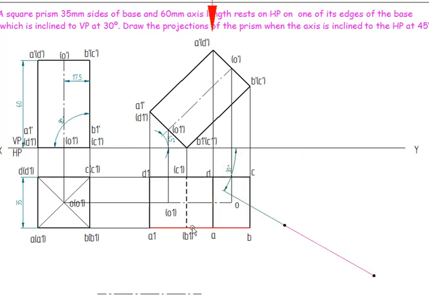So that means it will require the space up till here. So I just made it. So I'll go for arc by center point. So from here, C1 to B1, which is equal to 35, I'll cut an arc.